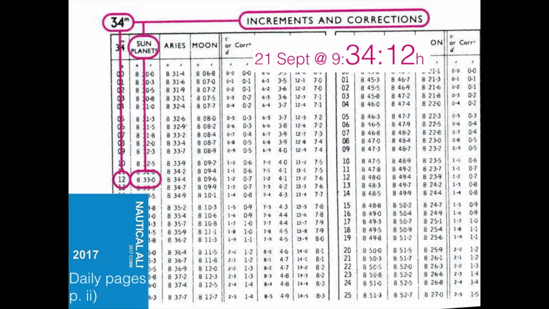Here it is. You can look at 34 minutes. That's the 34 minutes page. Then you go down in the first column to 12 seconds, and you find out that the sun and planets actually have moved on 8 degrees and 33.0 minutes.